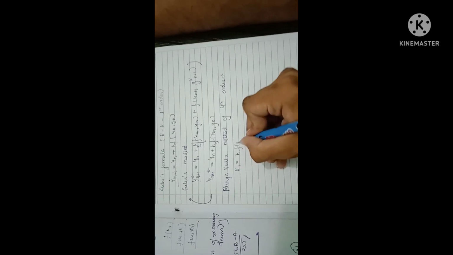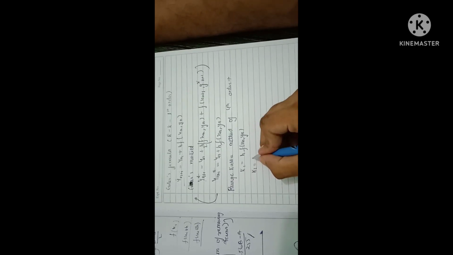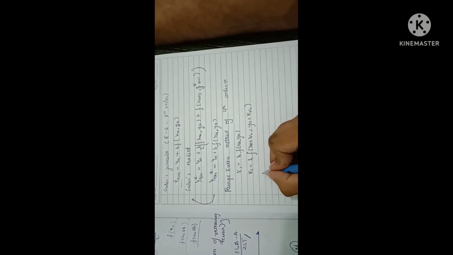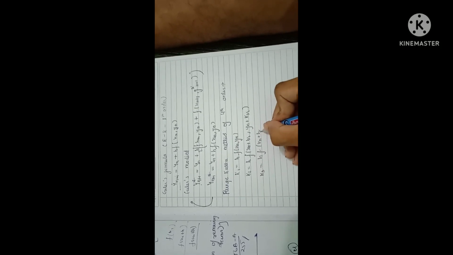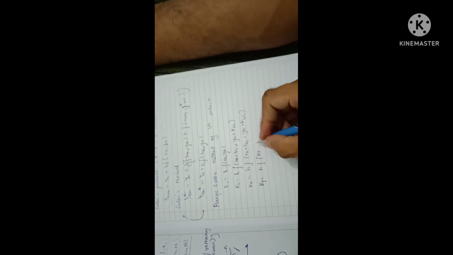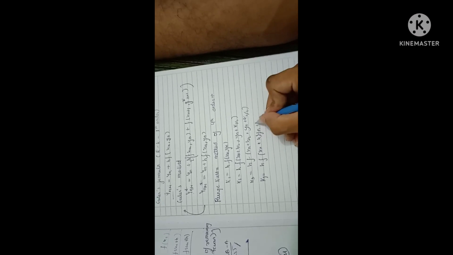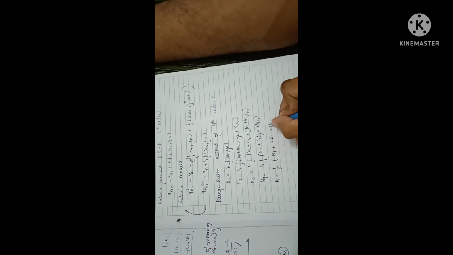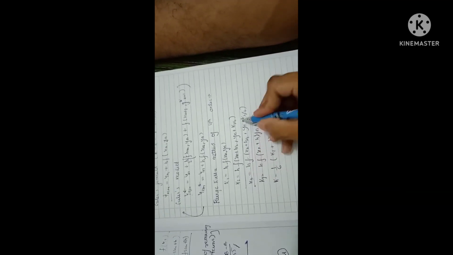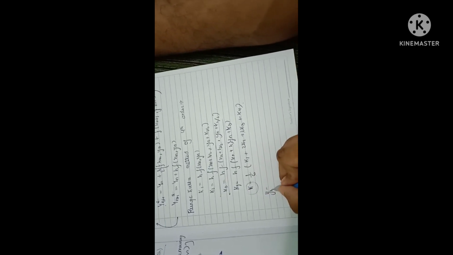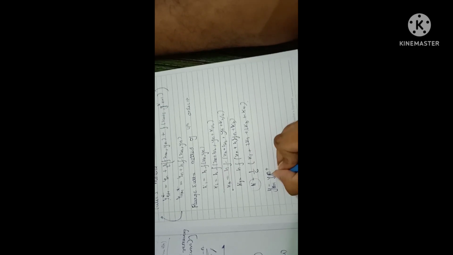We have k1 is equal to h f of x n comma y n, k2 is equal to h f of x n plus h by 2 comma y n plus k1 by 2, k3 is equal to h f of x n plus h by 2 comma y n plus k2 by 2, k4 is equal to h f of x n plus h comma y n plus k3, and we have k equal to k1 plus 2k2 plus 2k3 plus k4, all over 6. Simply the middle terms are multiplied by 2, and the total number of terms is 6: 2 plus 2 plus 1 plus 1 is 6. And y n plus 1 is equal to y n plus k.